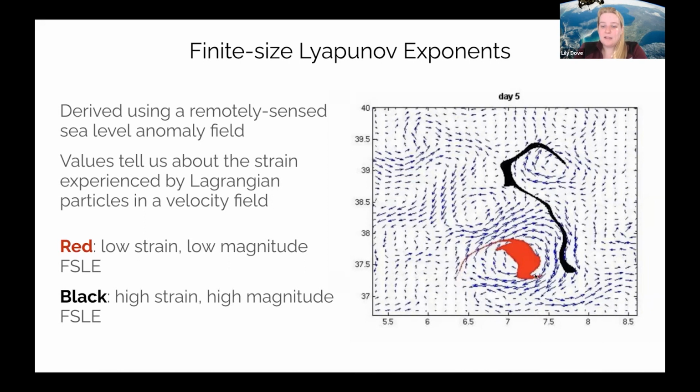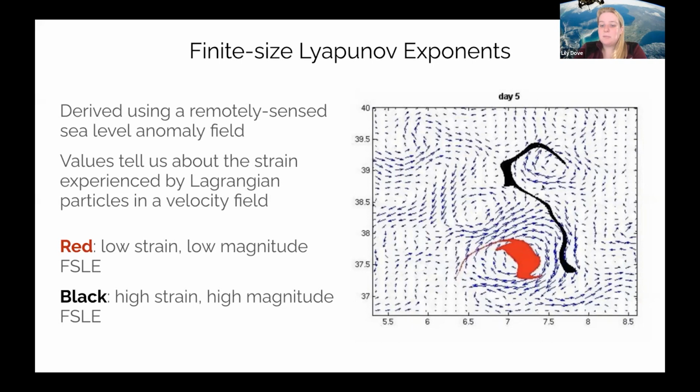And so in this example, these particles that were set in the red region, kind of in the middle of this eddy, they're spinning around for sure, but they're not experiencing a lot of strain. They're not being stretched apart really rapidly. And so this is what we consider a low magnitude FSLE.